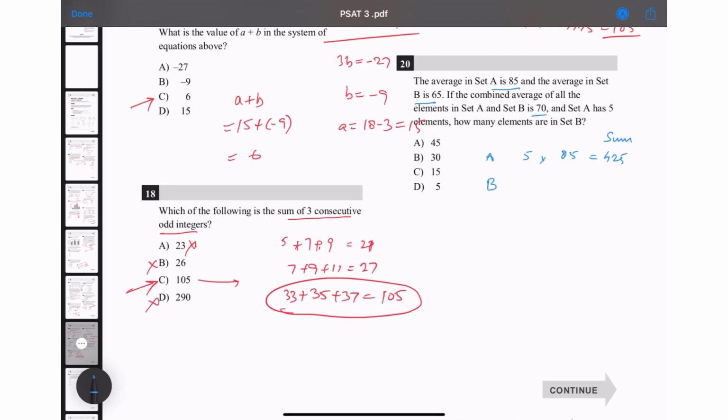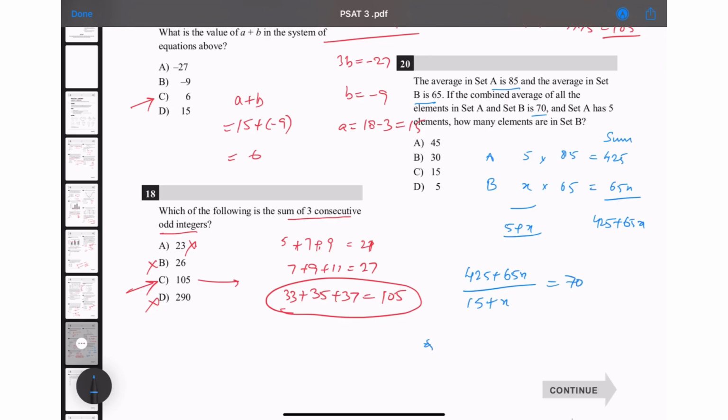And set B has say x elements and its average is 65. So this is 65x. So total sum is 425 plus 65x, and the total numbers are 5 plus x. So when I divide 425 plus 65x by 5 plus x, I should get 70, because 70 is the overall average.